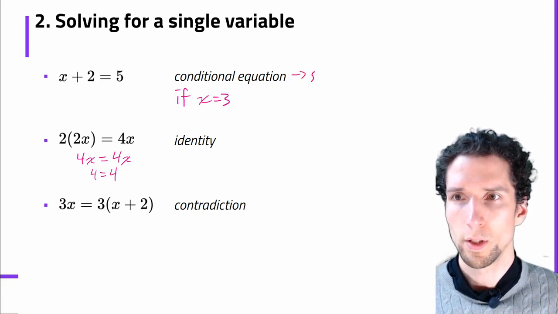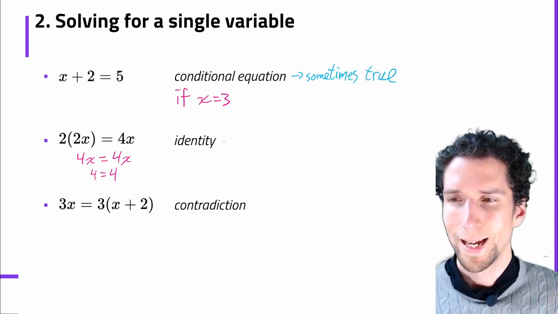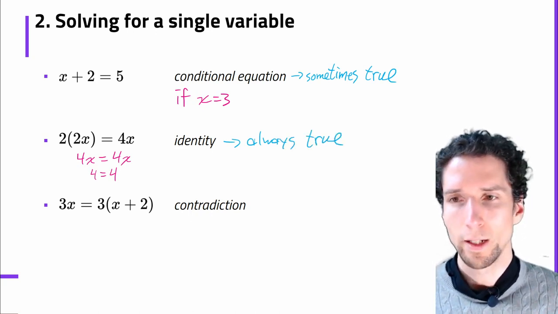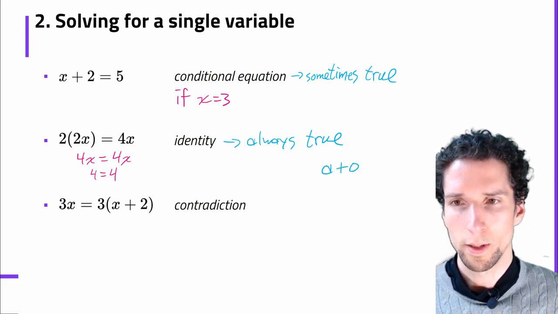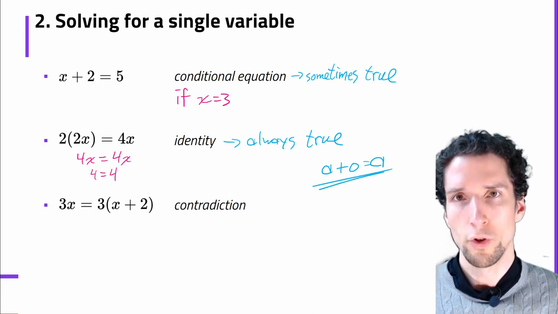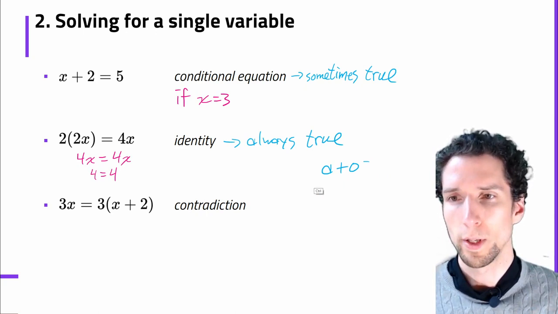So conditional equations are, do this in blue here, sometimes true. Identities, like this, are any statement that is always true. Just like I said, the additive identity, for example, a plus 0 equals a, that's an identity because it's always true. There is no value of a that makes this a false statement. Always true.